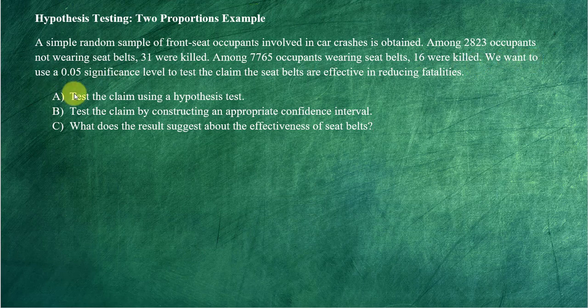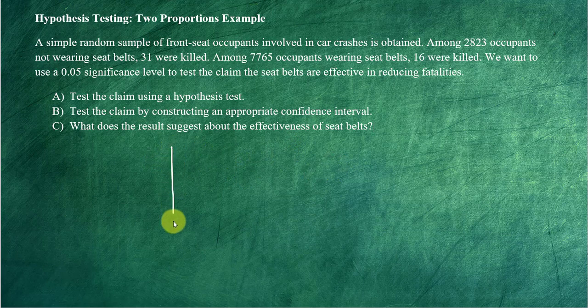We want to use the 0.05 significance level to test the claim that seat belts are effective in reducing fatalities. In this case, we are looking at the proportion, the ratio, and there are two proportions.